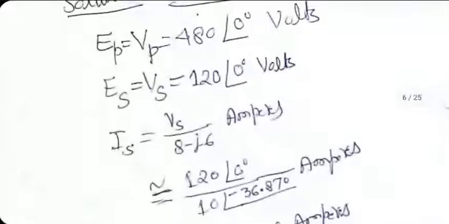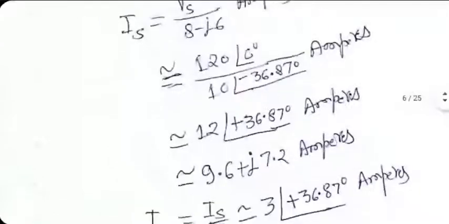It will work out to be 8 square plus 6 square is 100. You take square root, you get 10. And tan inverse of minus 6 divided by 8 gives you around minus 36.87 degrees. So you put that here and then you do the division.